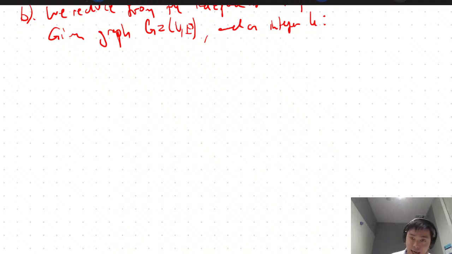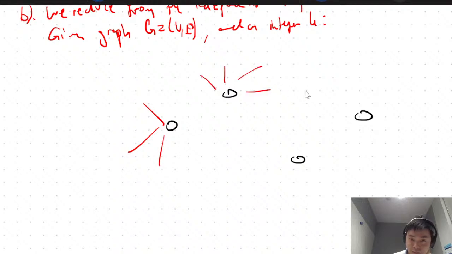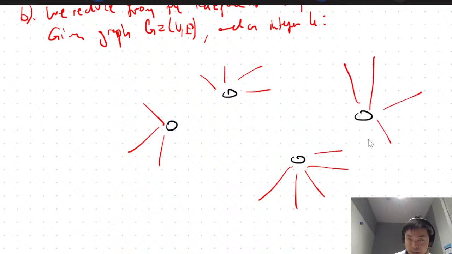So let's suppose I have an independent set. Let's suppose I have something like this, and I know that k is 4. So this is clearly an independent set of size at least 4. So if I just choose these vertices, the issue is not every vertex has degree at least 4.